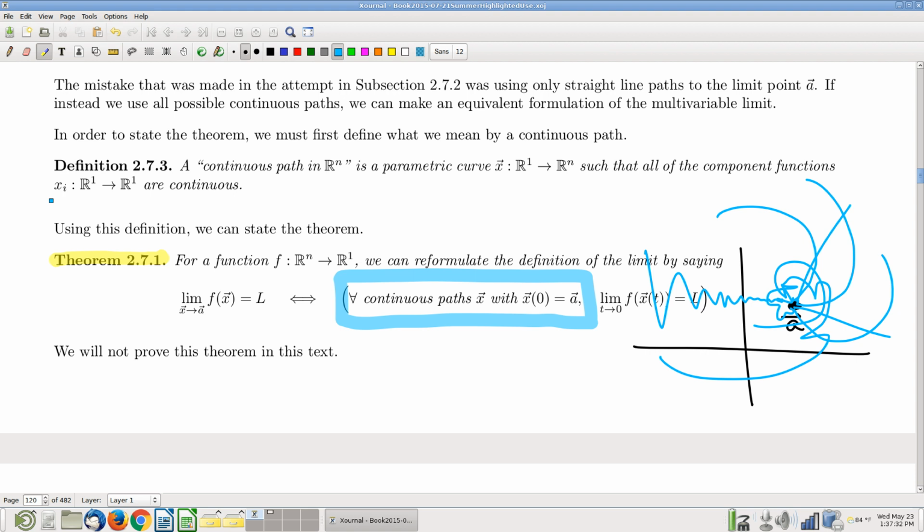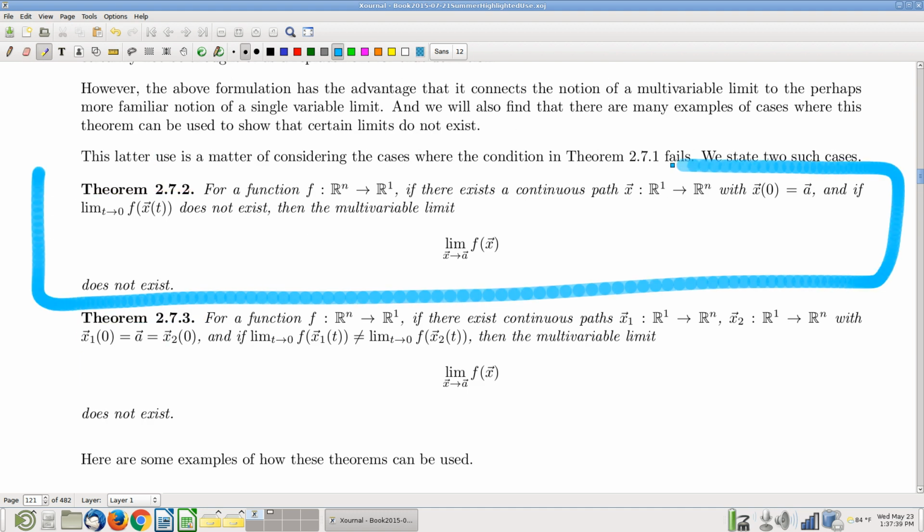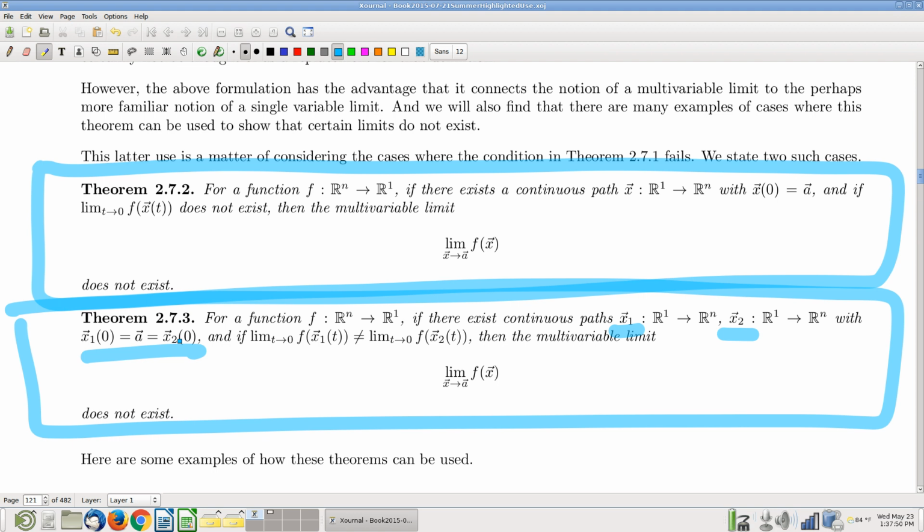Right, so what we have here is, turning it around backwards, tools for identifying when a limit fails to exist. And here's two of them. I'll talk about the second one first. If there exist two paths that approach A, and if the limit along the one path is not equal to the limit along the other path, then the limit does not exist. Don't try to compute it because it doesn't exist.